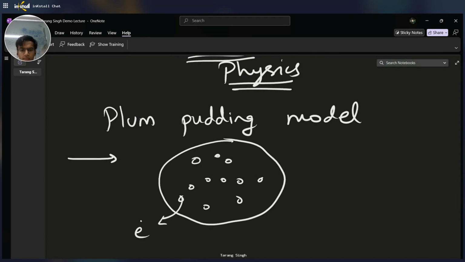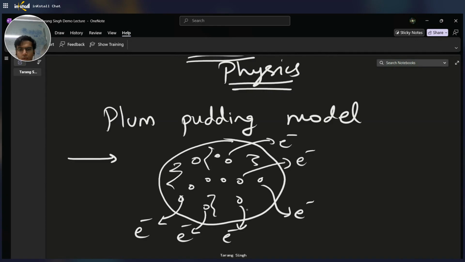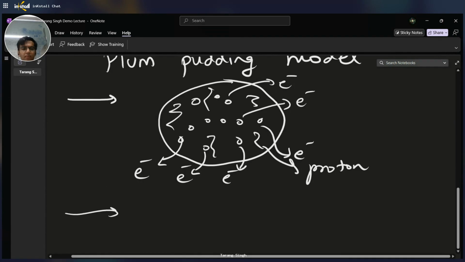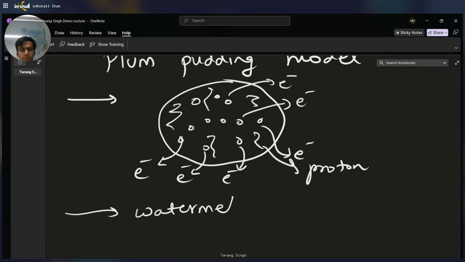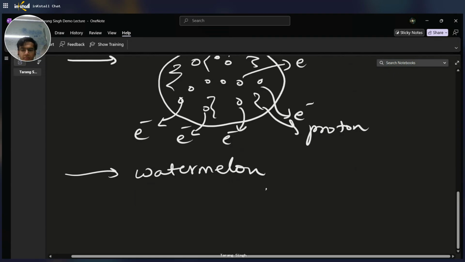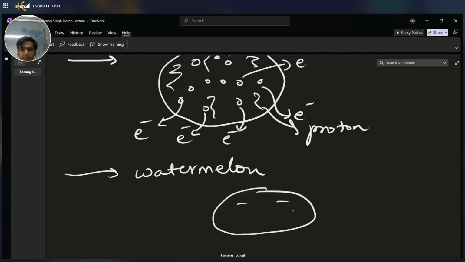These were electrons, small patches, and everything else was just proton. You can also imagine this with a watermelon: the watermelon seeds are the electrons, and whatever is the red part inside a watermelon is protons.